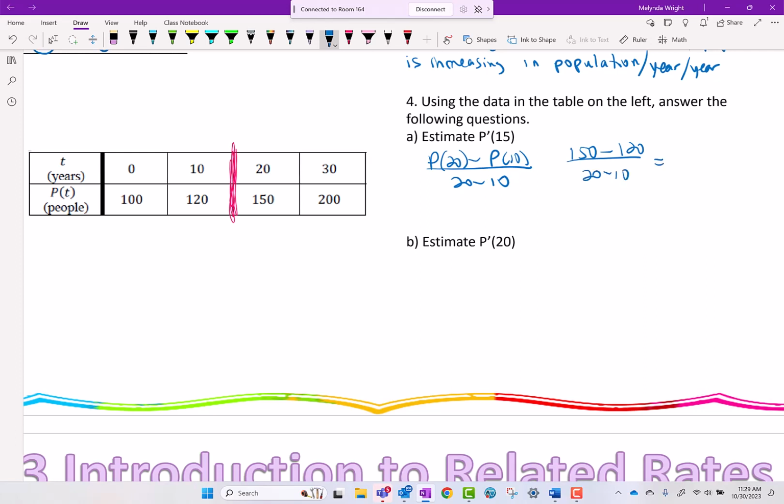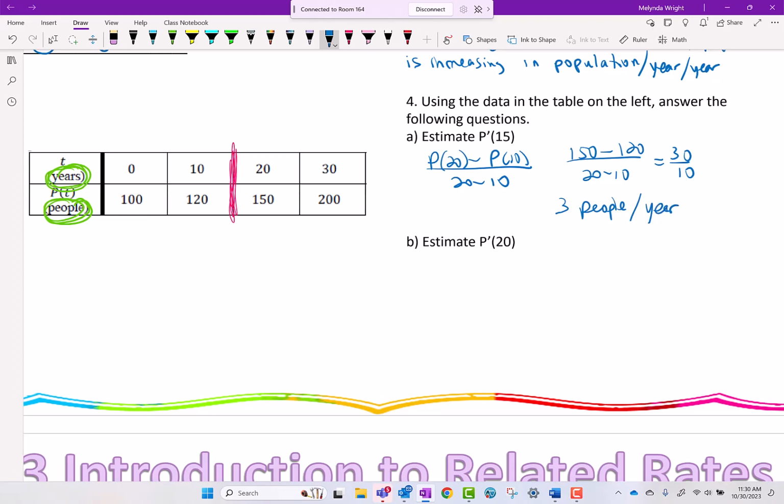That's 30 over 10, so this would be 3. My units, here's how I find them: I'll just look right here, people per year. I take my units right off of what those variables mean. There should never be a question on what the unit should be. You just take it off of the variables. So 3 people per year.